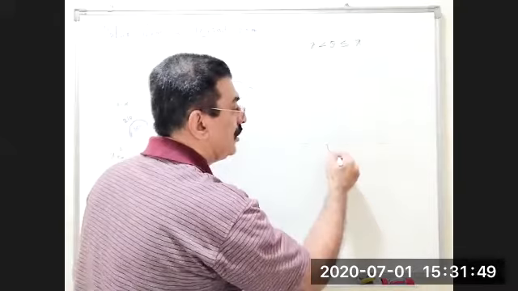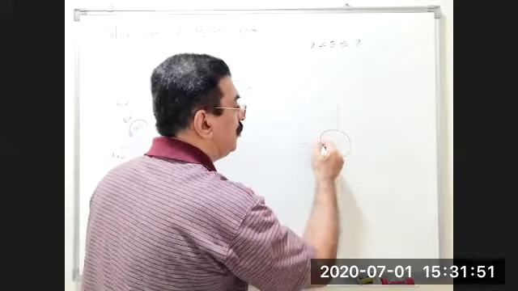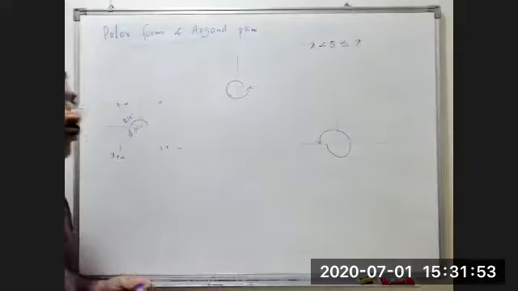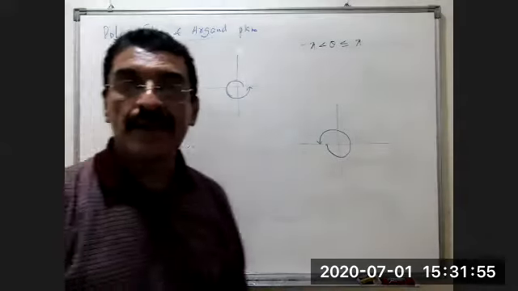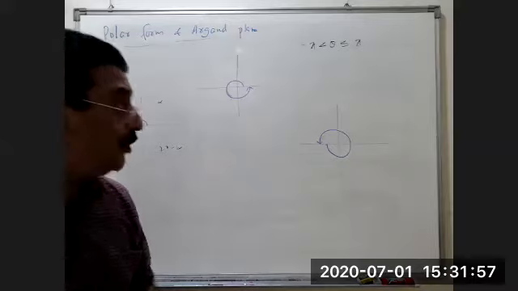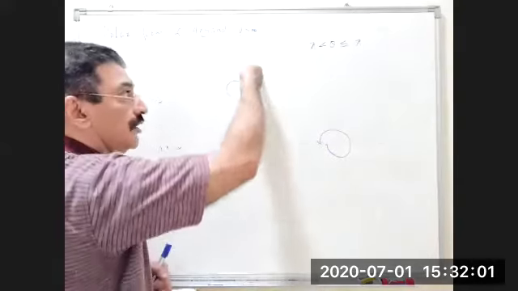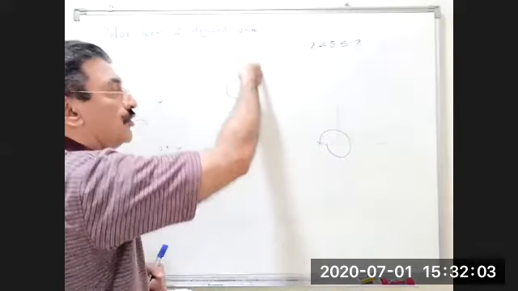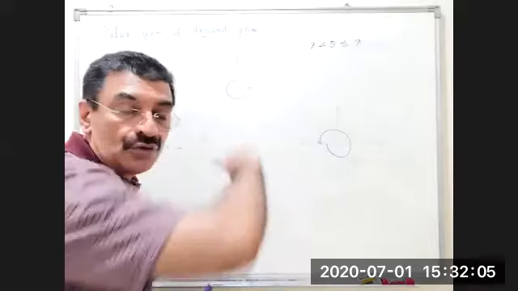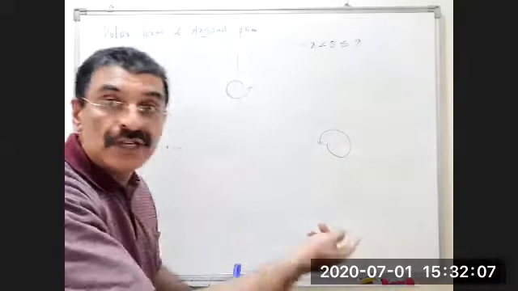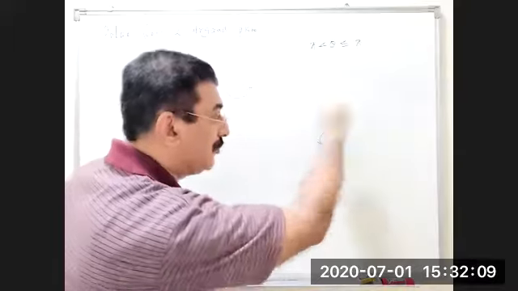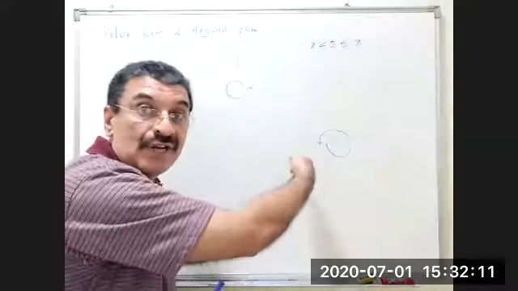In this way also, all 4 quadrants are covered. In trigonometric equations, we started from 0 and took the full circle, covering all 4 quadrants. In complex numbers, instead of starting from 0, we start from minus 180.